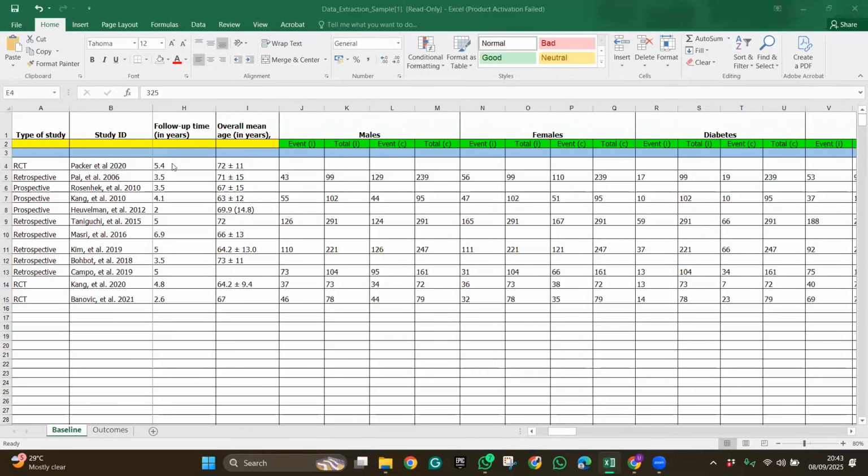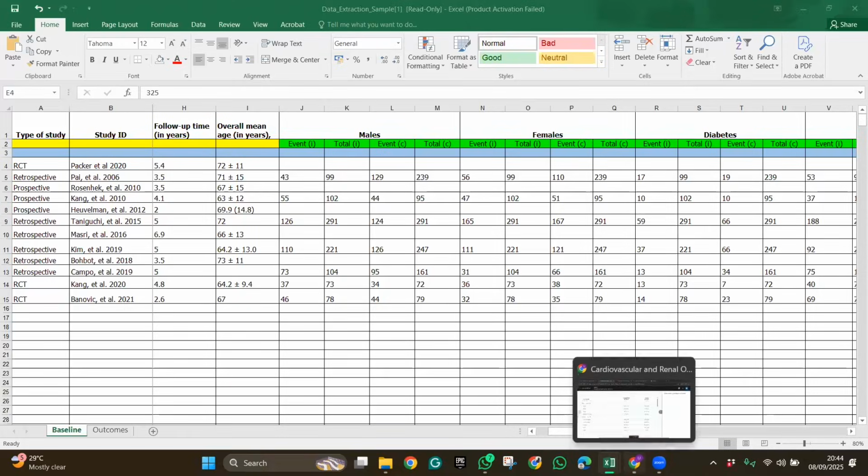But follow-up time may not be reported in the results section. So if you do not find the follow-up time in your results section, you have to move on to the methods. You'll go to the methods section and see whether follow-up time is reported there or not, right? So follow-up time is basically the time from when the trial started, from when the patients were recruited, till the end of the study. This whole period is the follow-up time, right?